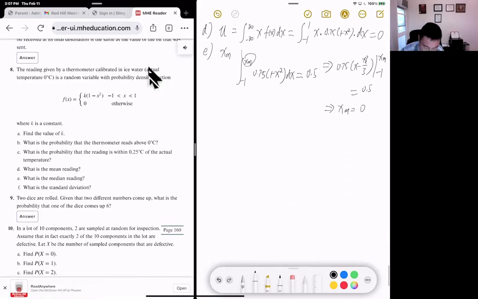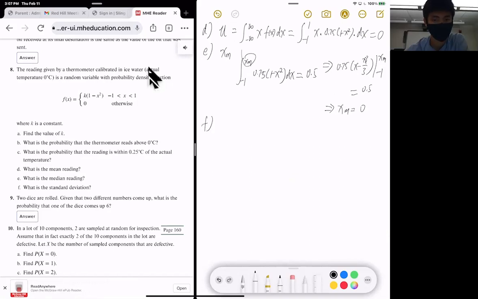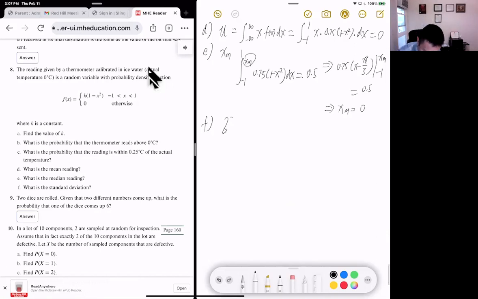Last part of the last question, F: standard deviation. Standard deviation is sigma. First of all, let's figure out sigma squared. The name for sigma squared is the variance. We have two equations to figure out the variance; either one is fine as long as you choose the easier one.